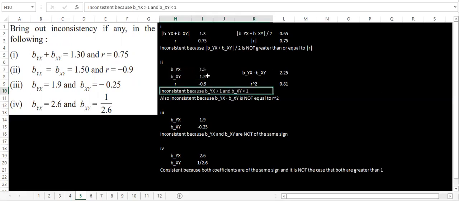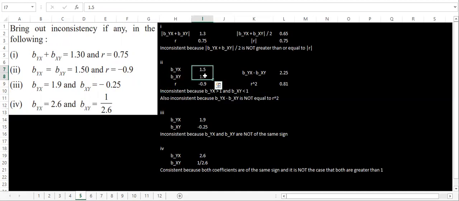But even if you consider these as regression coefficients and you calculate R, it won't come out to be negative 0.9. The product of b_xy and b_yx, the product of the two regression coefficients, 1.5 and 1.5, is 2.25, but it should be equal to r squared.